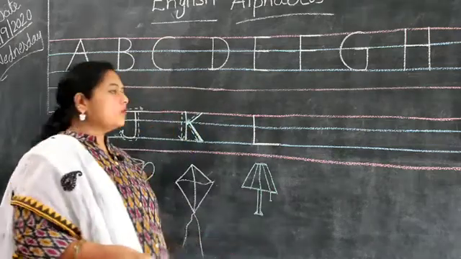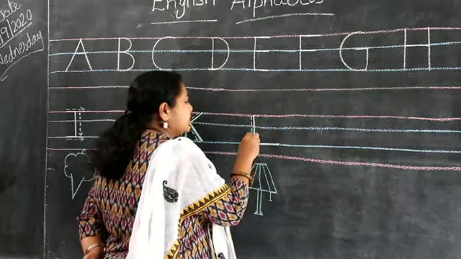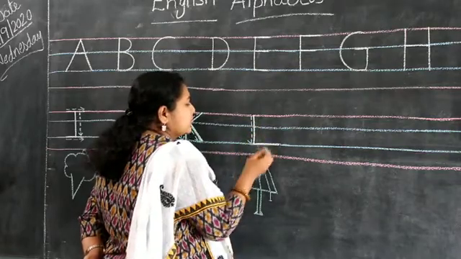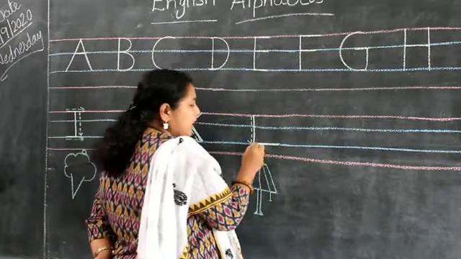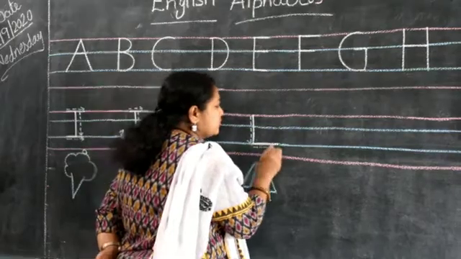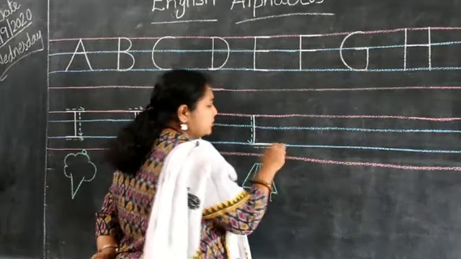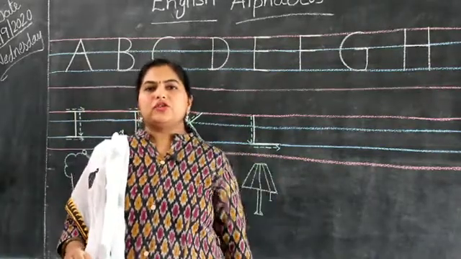So how do you write L? From the red line to the blue, then a sleeping line starting from the place where the standing line ends. So a sleeping line on your blue is L. Standing line and a sleeping line is your L.